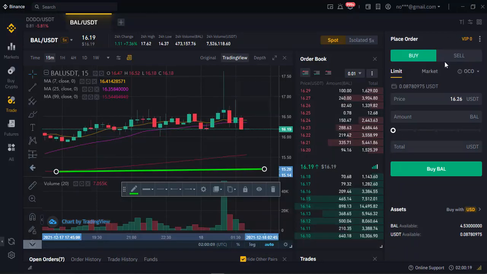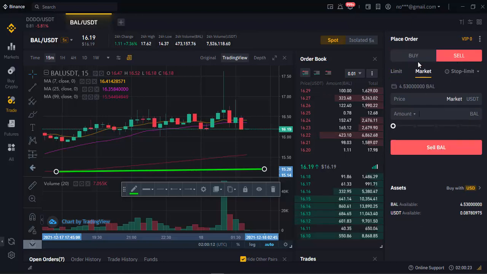So we have talked about how to sell using the market price, or the market order type. So how do we also sell using the limit order type? It's very simple. Since we have done how to buy, all you need to do is switch to the sell tab and then back to limit.